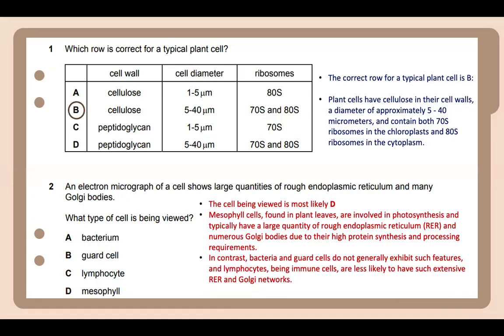Mesophyll cells found in plant leaves are involved in photosynthesis and typically have a large quantity of rough endoplasmic reticulum, so-called RER, and numerous Golgi bodies due to their high protein synthesis and processing requirements. In contrast, bacteria and gut cells do not generally exhibit such features, and lymphocytes, being immune cells, are less likely to have such extensive RER and Golgi networks.